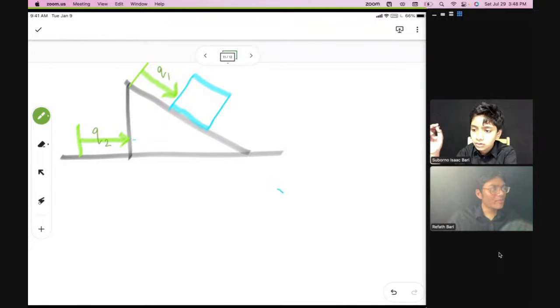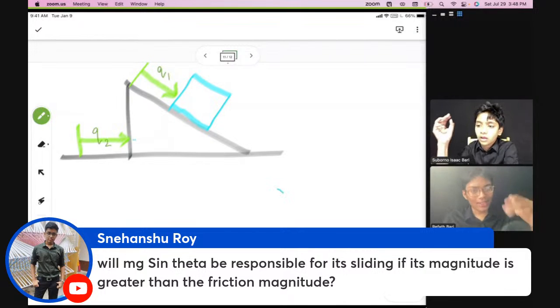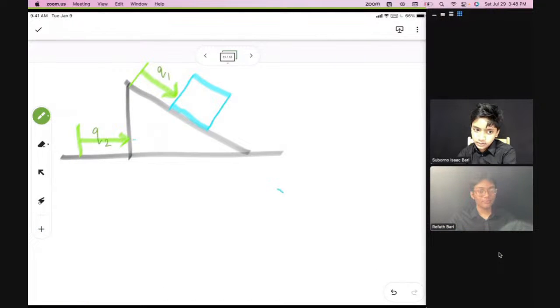We have a question from Shenahanshu Roy, who asks, will mg sine theta be responsible for its sliding if its magnitude is greater than the friction magnitude? Okay, I'll let our guest handle that. Okay, will mg sine theta be responsible for the block sliding if the magnitude of that force is greater than the friction magnitude? Well, yeah. Definitely.